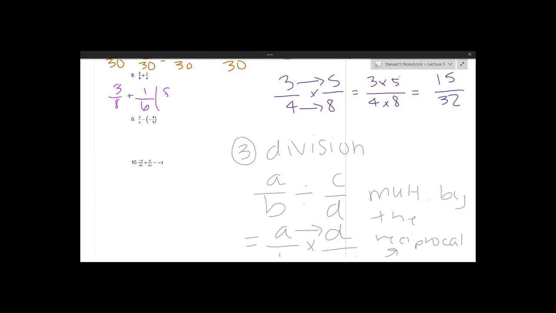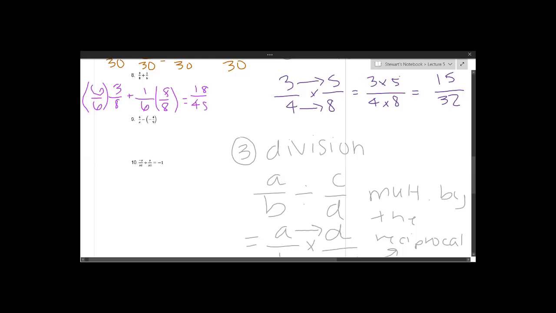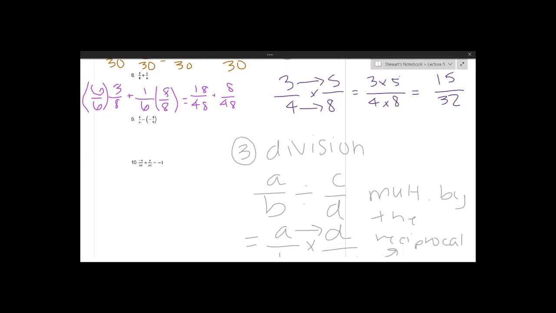So we can multiply this by 8 over 8. We multiply this by 6 over 6. And then we'd end up here with 18/48 plus 8/48, which equals 26 over 48.